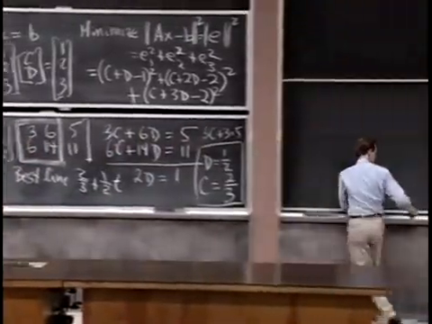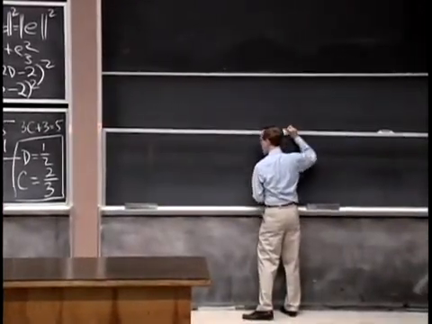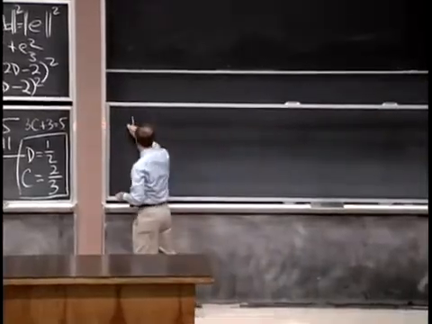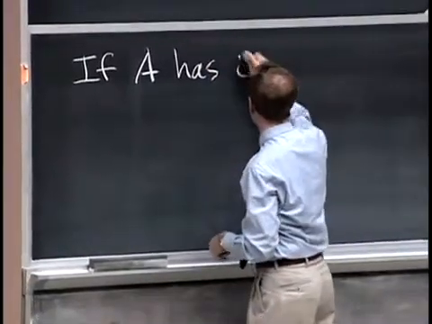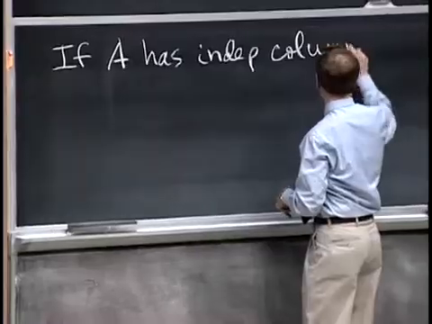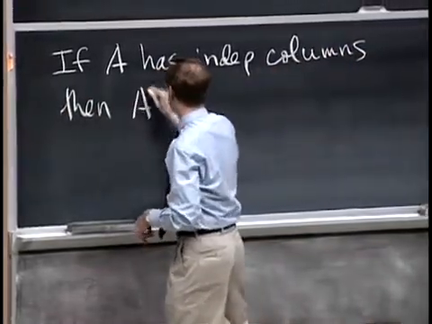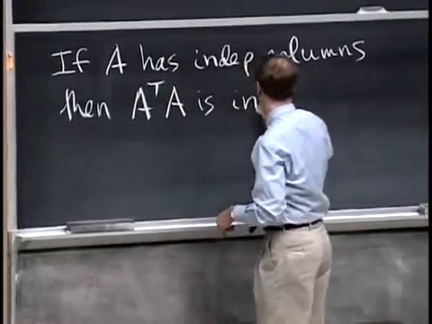Okay. So what I said was that if A has independent columns, then A transpose A is invertible.